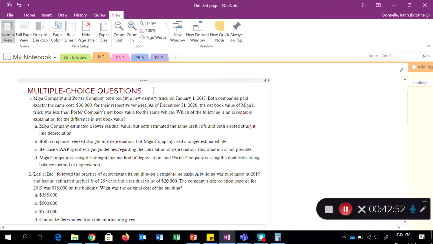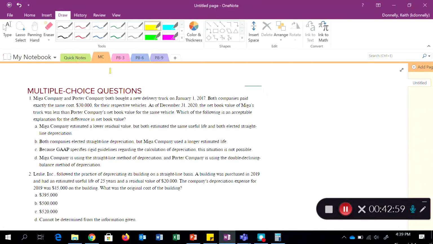So let's look at one here. Mega Company and Porter Company both bought a new delivery truck. So we have company A and company B. They each bought a delivery truck on January 1st, 2017.